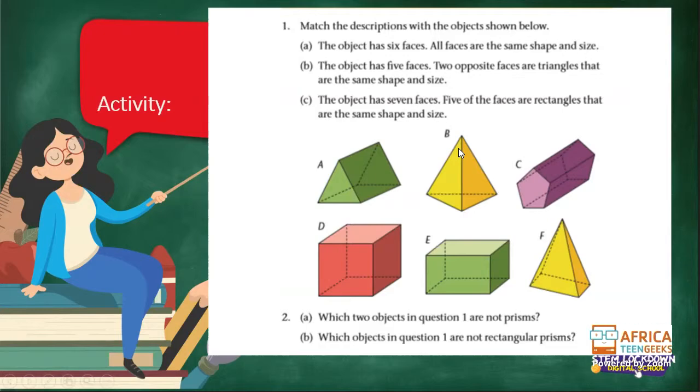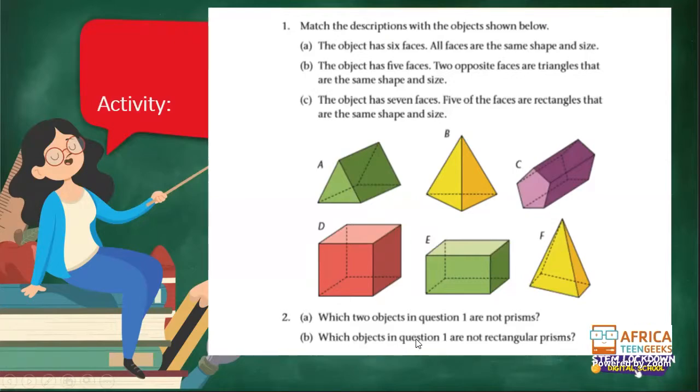I don't know if you are able to use the chat box or not. Looking at B, B is a pyramid and F is a pyramid. So these two are not prisms because they are pyramids. So it will be B and F.